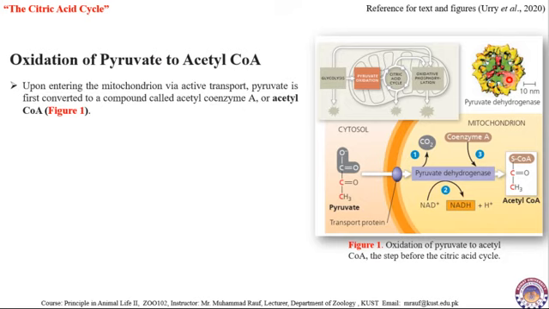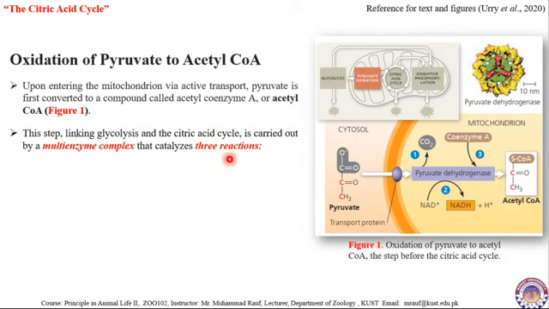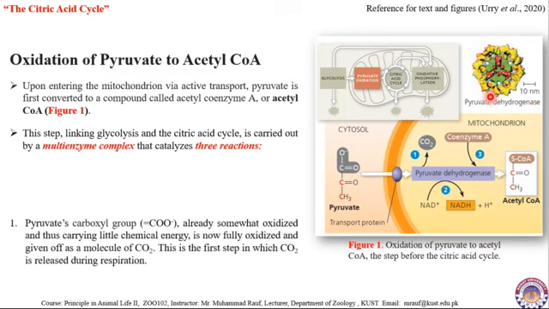This enzyme is responsible for the conversion of pyruvate into acetyl coenzyme A. Now there are a total of 3 steps involved in the conversion of pyruvate into acetyl coenzyme A, and all these steps are catalyzed by this multi-enzyme complex pyruvate dehydrogenase. So let's see what these steps are.